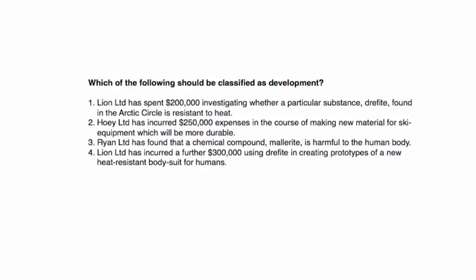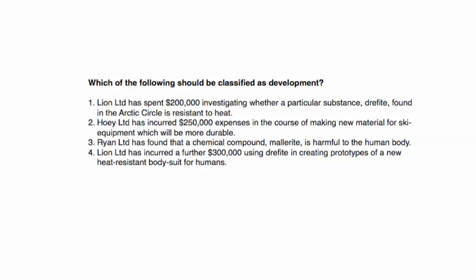So we need to think for each of these, is it just research or is it development that will lead to a product? So number 1, Lion has spent 200,000 investigating whether a particular substance that is found in the Arctic Circle is resistant to heat. Well, that's not development, that's an investigation, so that's research, and that would be written off.